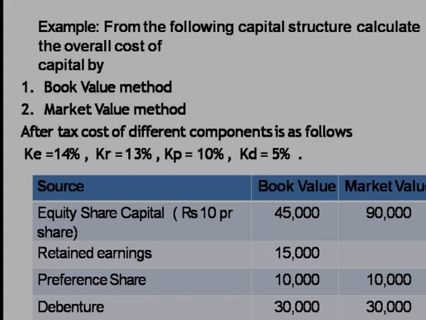And these are the sources. Book value and market value both are given here, like for equity share capital, book value 45,000, market value 90,000, retained earning 15,000, and preference share 10,000, 10,000, debenture 30,000 and 30,000. Now we'll move to solve this numerical.